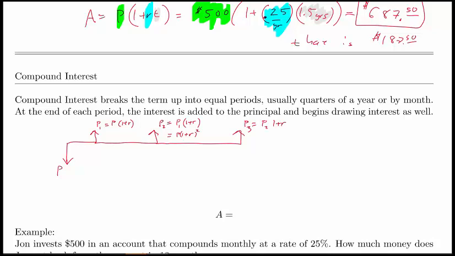Apply the simple interest. And note that this will be P times 1 plus R to the third power. Okay, and you keep going on until you get finally to the last period, and you'll get to the amount that's actually owed.